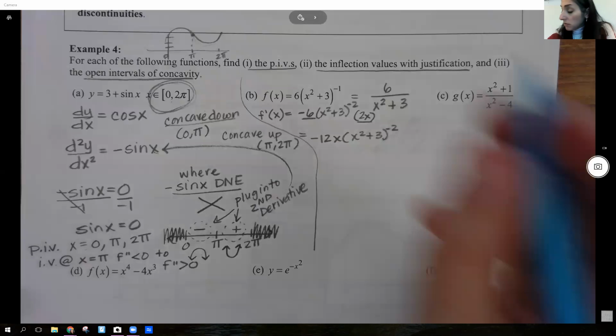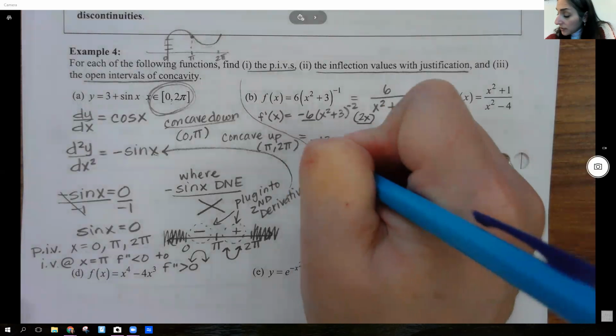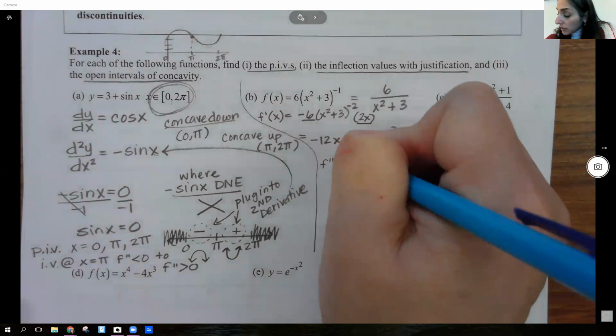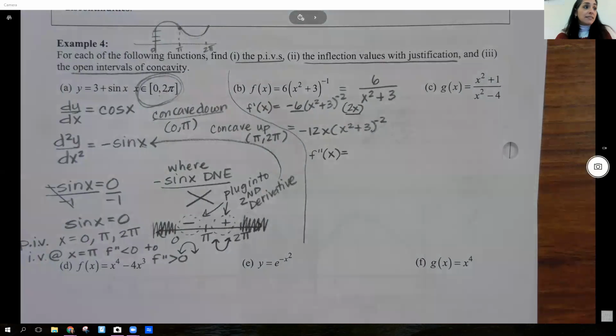We need to keep going because this is the second derivative test that we're learning here. So let's take the derivative again. Be super careful with this. What do we have to use with this? Product rule, good.